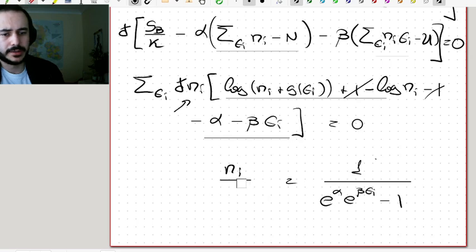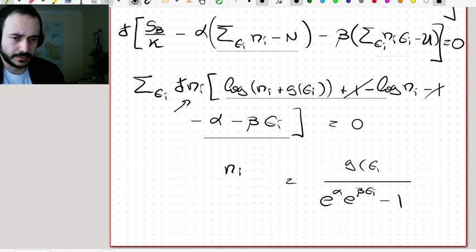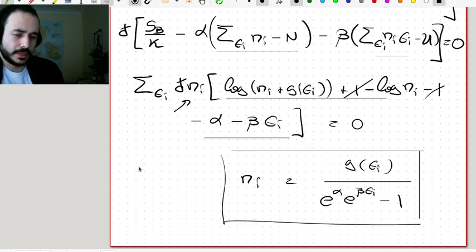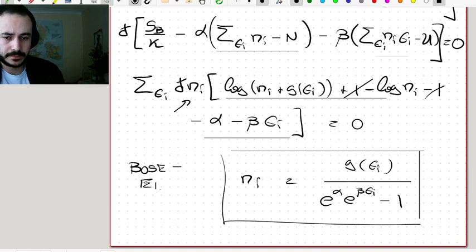And then I can throw g_i to the right hand side, and I end up having what I wanted. So this is the equilibrium occupations for identical indistinguishable particles, and it's what's called the Bose-Einstein occupations, or distribution.